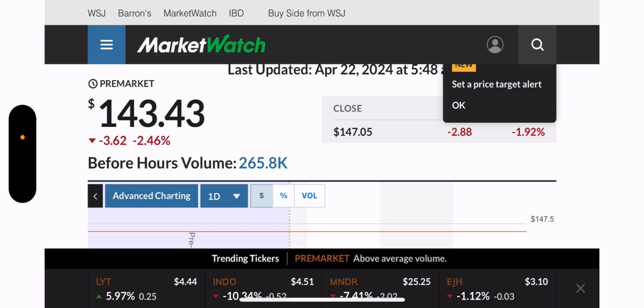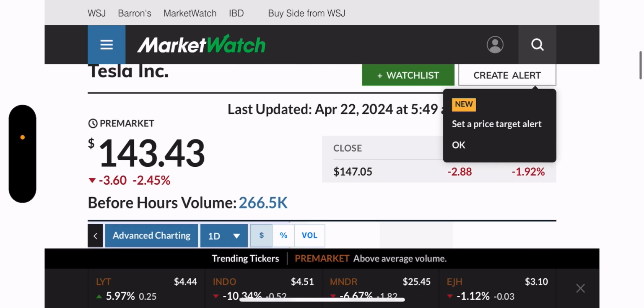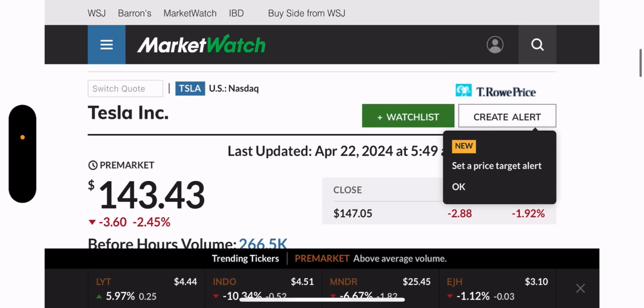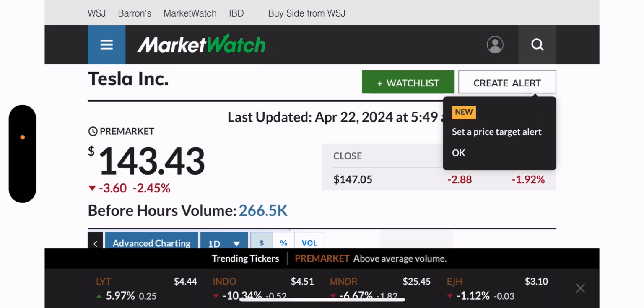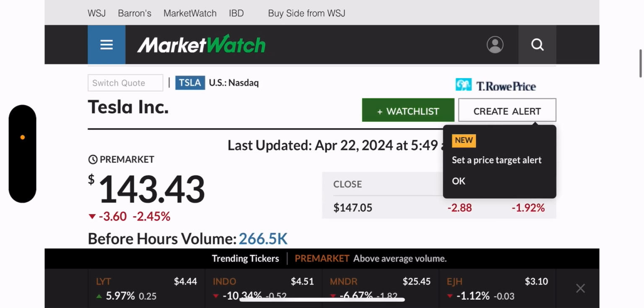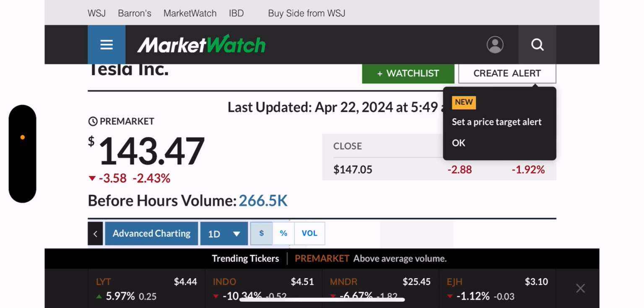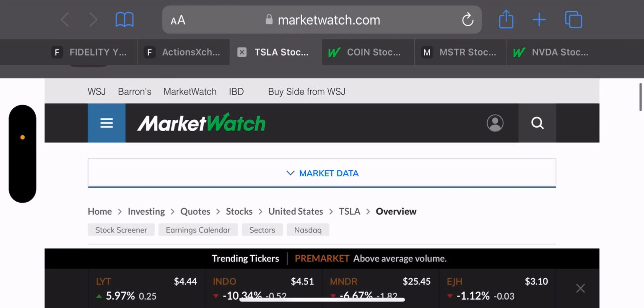Or they could meet earnings or even beat earnings and have a great guidance report for what's going to be down the road, and it could turn green. So time will tell. Again, earnings is huge. I'm going to sell not all my calls, half my calls over earnings. I don't even care anymore. All right, so Tesla is down in pre-market. It's at 143.47, 2.43% down, and this is as of 5:49 a.m.